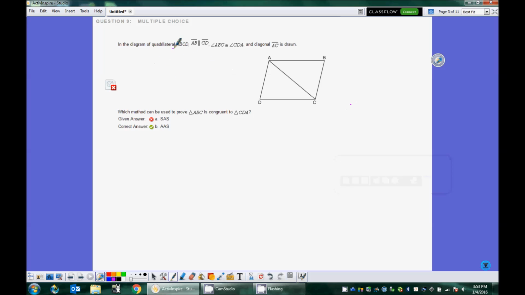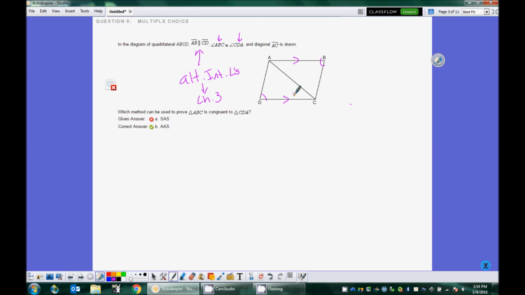So, it says, in the quadrilateral ABCD, AB is parallel to CD, so I'm going to write my arrows in. Then it says angle ABC is congruent to angle CDA. ABC, that's my angle B, to CDA, angle at D. Now, whenever I see parallel lines, I think of alternate interior angles, which was chapter 3.